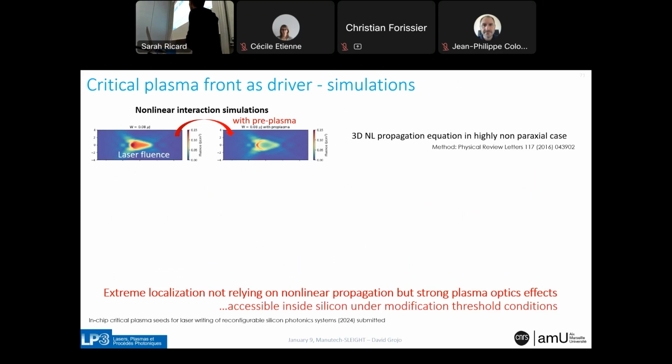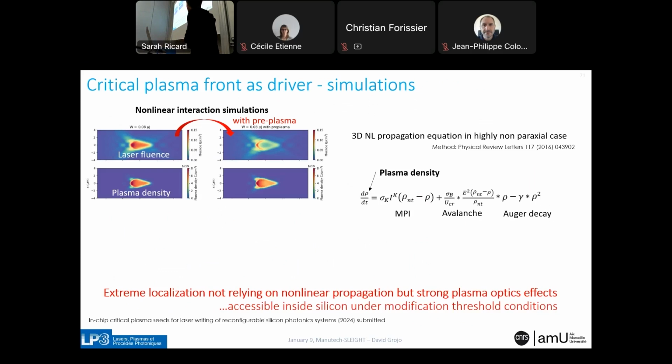First we see that light is not propagating very far after the front, but it does not describe energy deposition. What translates the energy deposition most of the time is more the plasma density. This is the absorption of light that is increasing the plasma density. But what you see there is that there is a change, but not a strong confinement of the energy deposition.